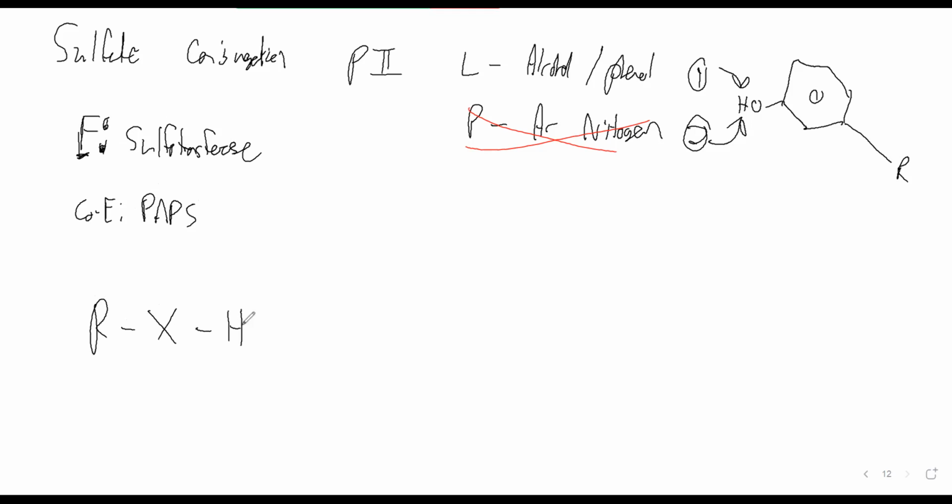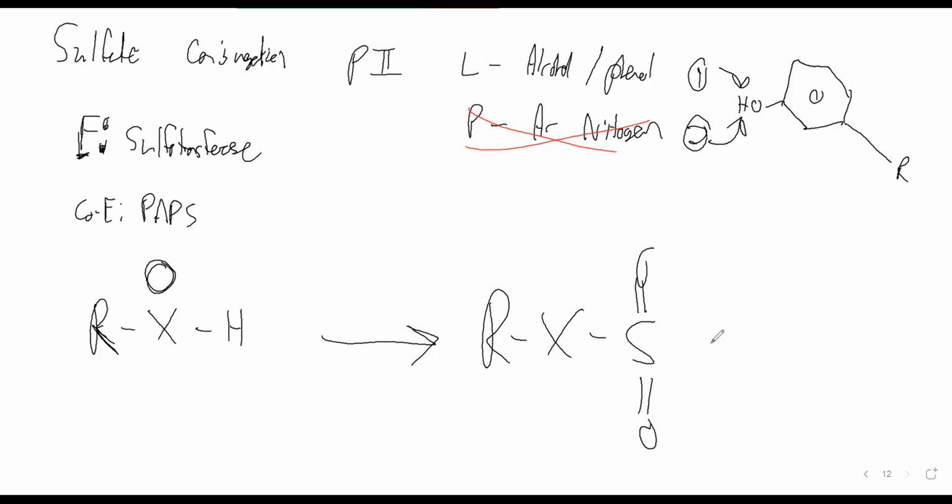In the case of a phenol, this is going to be an O, which is what I would look for. So we've got an RXH, so it's going to be ROH. What this becomes is RX, and then our sulfate conjugation. So double bond O, double bond O, O minus. It can also be N. That's the possible. I wouldn't worry too much about it.